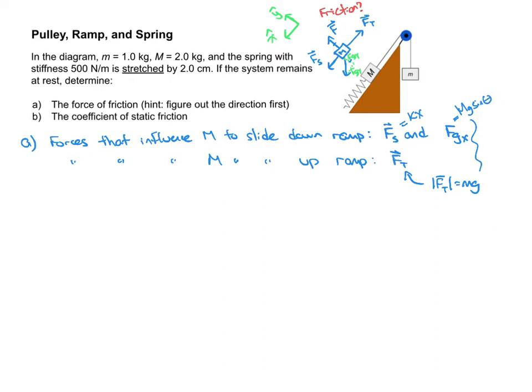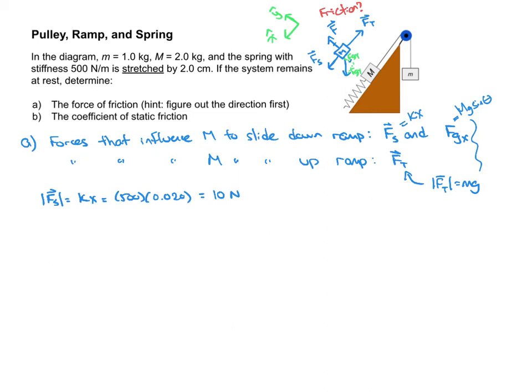Okay, so let me just calculate some of these things. So I'll start with the spring, the magnitude, kx, 500 times 2 centimeters needs to be converted to meters, so 0.02. So I believe that works out to be 10 newtons.